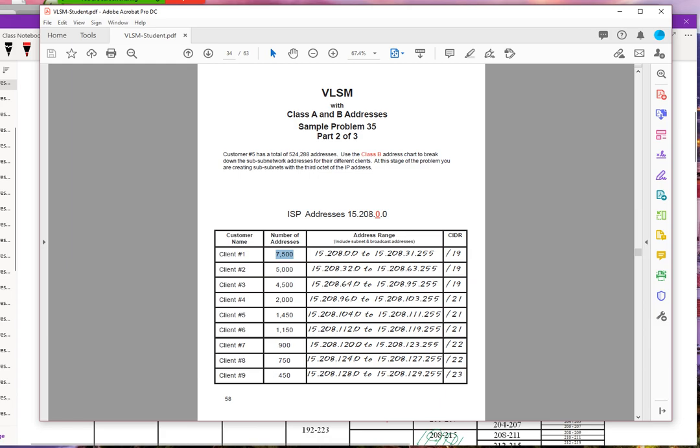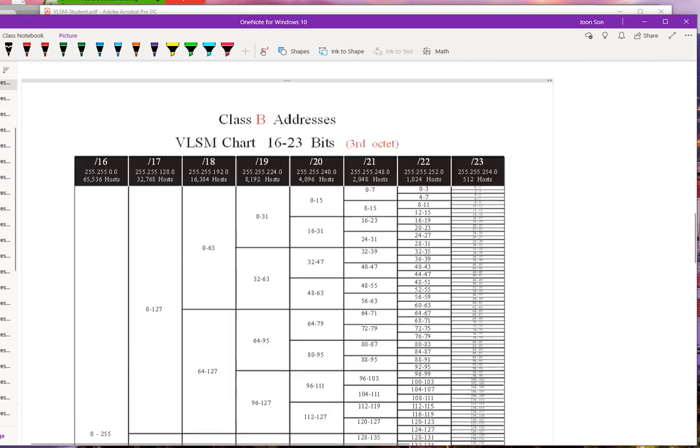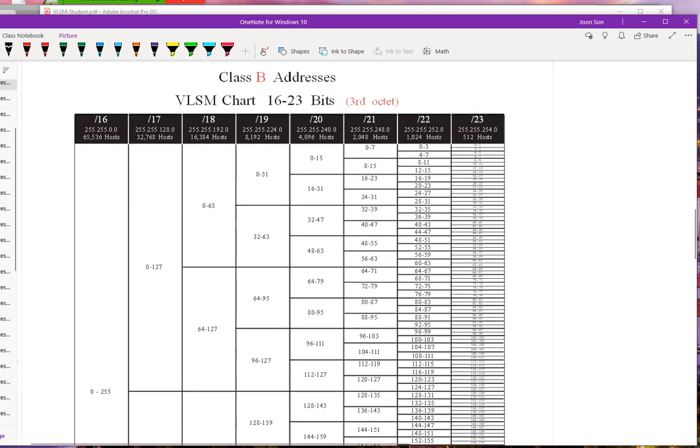So if you look at the Class B chart for 75,000, /18 is 16,000. That's too big. /19 is 8,000, and /20 is 4,000, which is obviously smaller than 75.